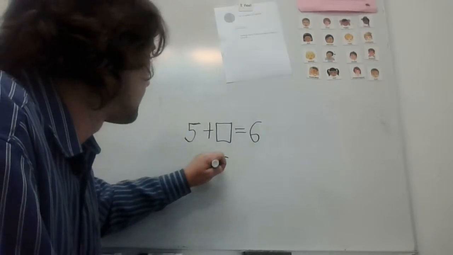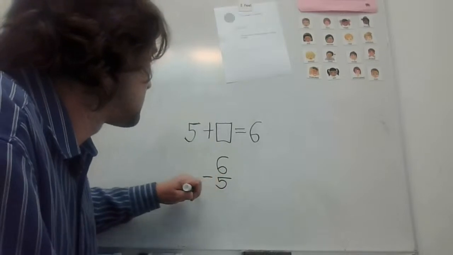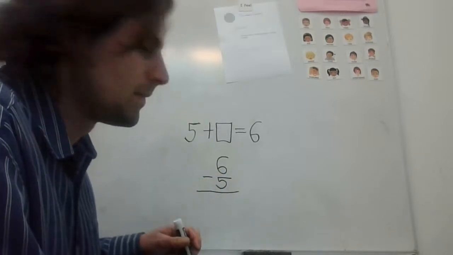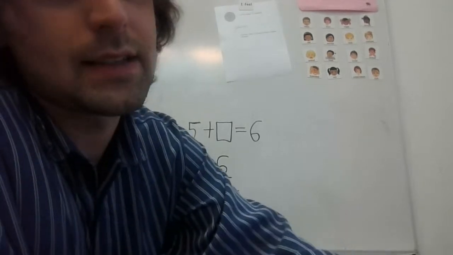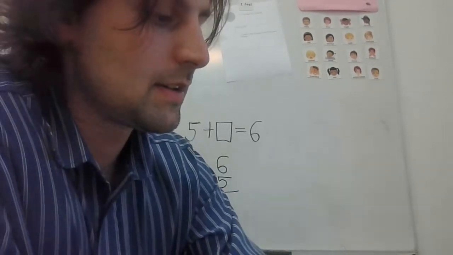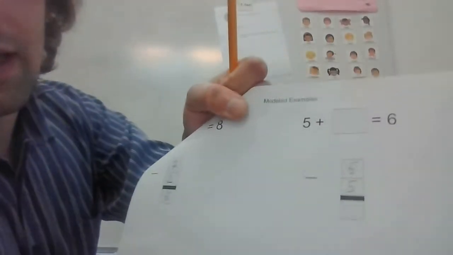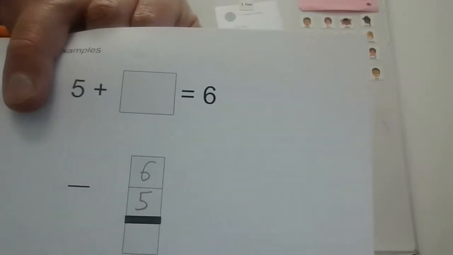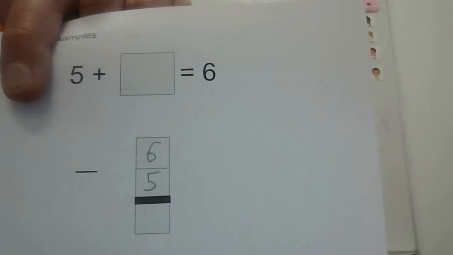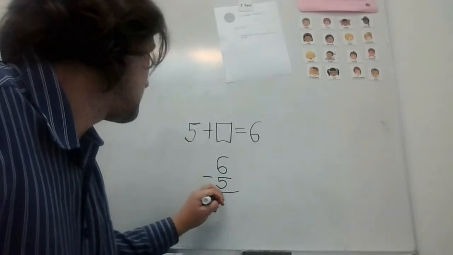So that means that we do need to subtract. We have to subtract 6 minus 5. This is what it's going to look like on your paper. 6 minus 5 equals 1.